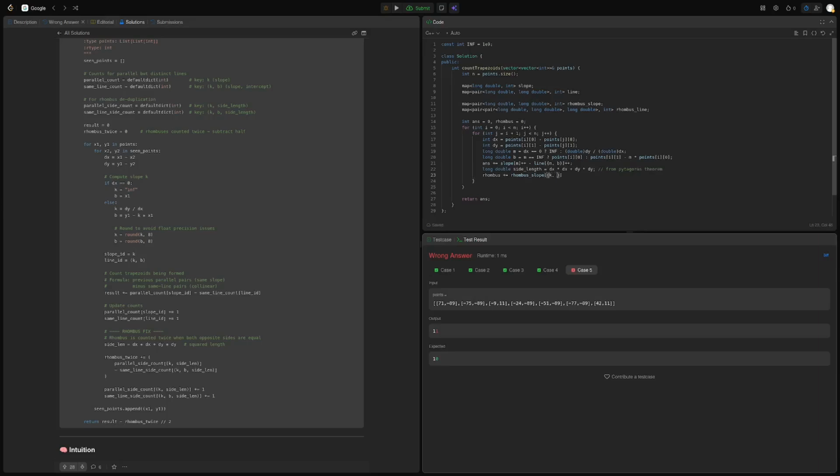This is like m, rhombus line m b side length. Okay, and then minus equals rhombus.